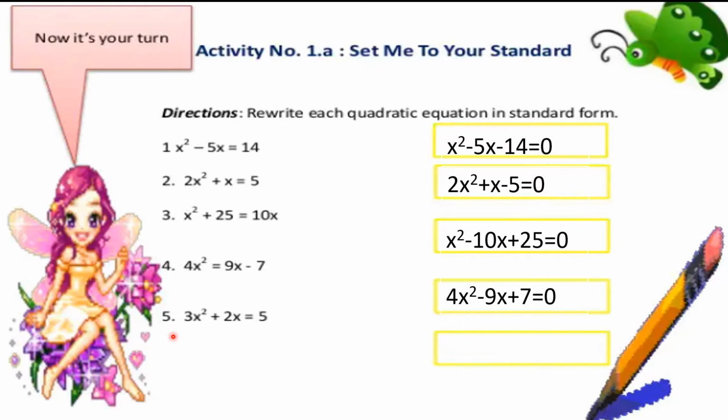Then, number 5, ano kayang sagot natin? So, we have 3x squared plus 2x minus 5 equals 0. Now that you know how to set the standard form of quadratic equation, let us proceed to the next activity.